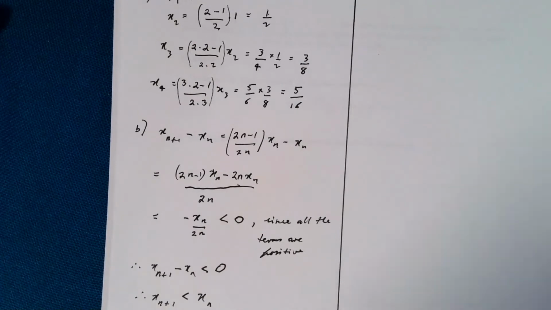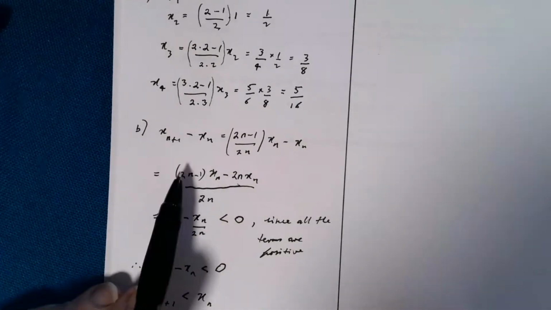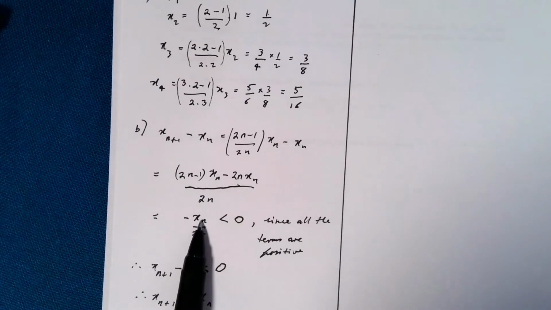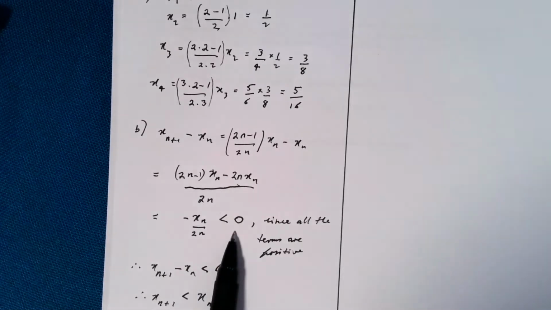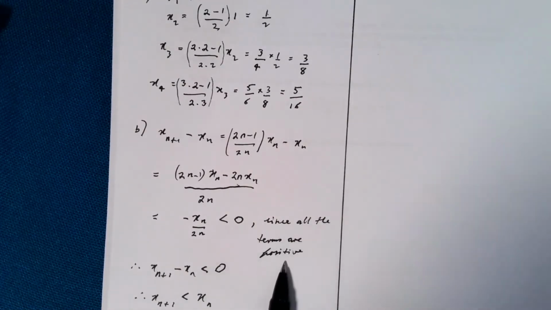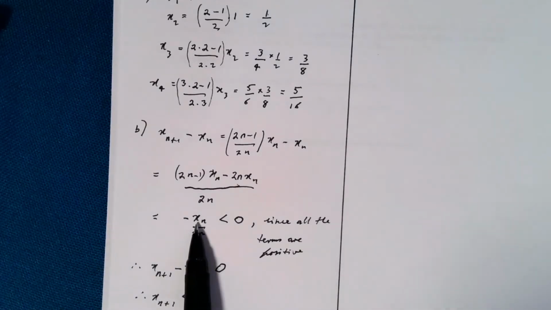Now these x_n's, we see from what we did up here in our calculations, are all positive because I'm just multiplying positive numbers together. So x_n is positive, 2n is positive, and the whole lot has a big minus sign, so this difference is negative, less than 0, since all the x's are positive numbers.